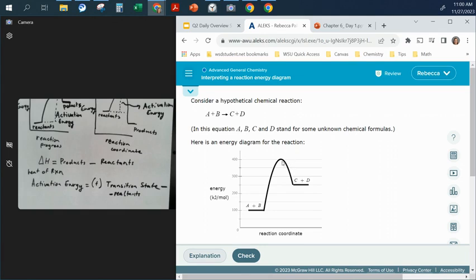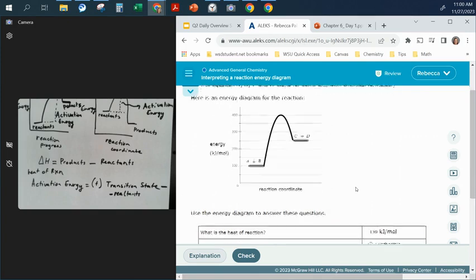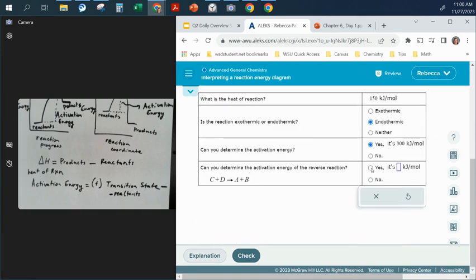So this is my transition state 400, and my reactants. So what would that be? 400 minus 250. 150, yep, good. Yes, 150. These ones are always yes, don't put no.